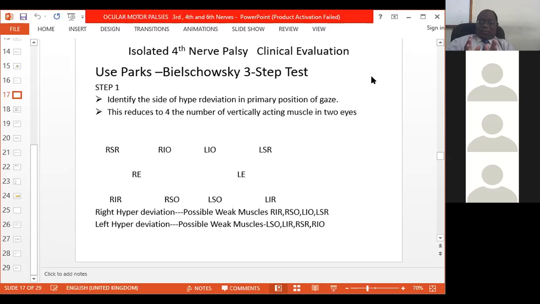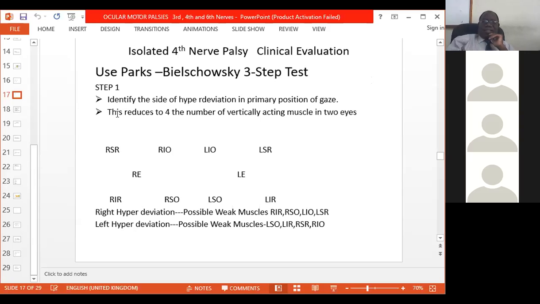There are 3 steps. In step 1, you have to identify the side of hyperdeviation, where the eye is higher in the primary position. As the patient is looking ahead, you check which eye appears to be higher than the other. That's step 1: identify the side of hyperdeviation in the primary position of gaze.